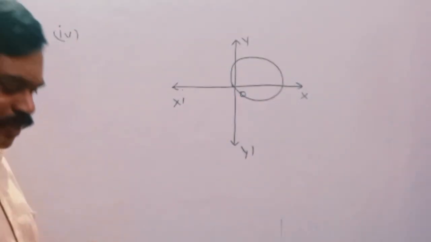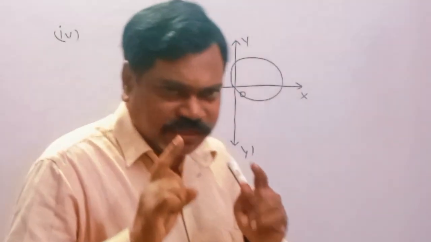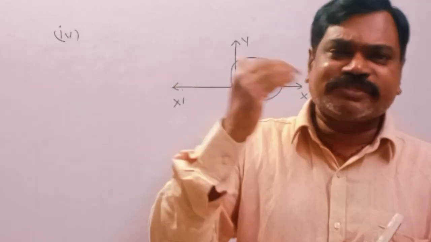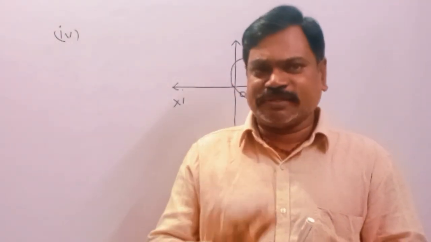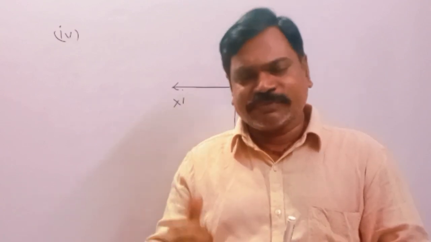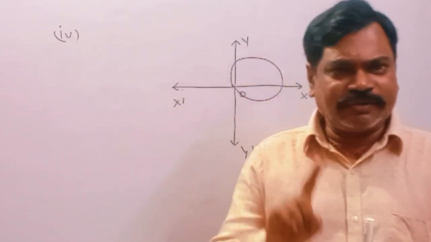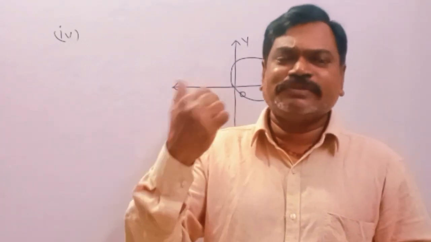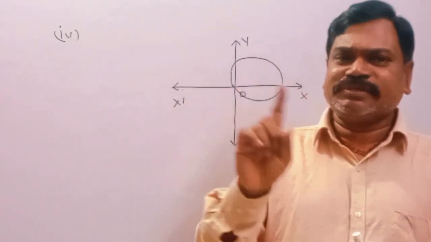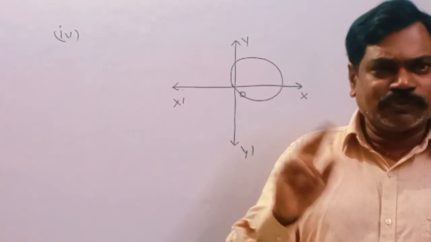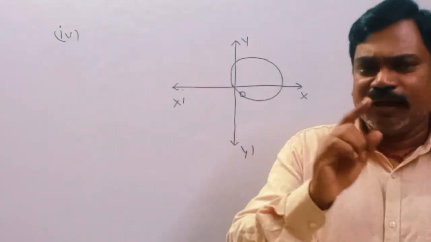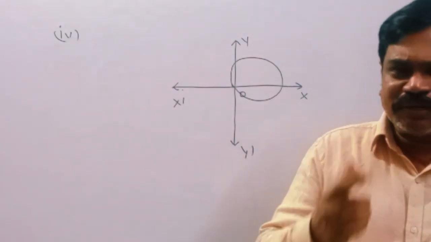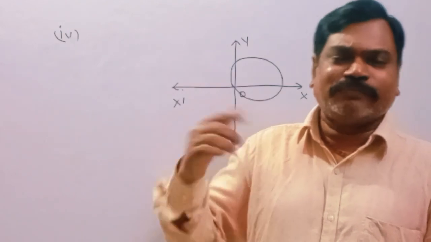First condition: the circle makes an intercept with the x axis and touches the x axis. Second case: the circle makes an intercept with the y axis and touches the y axis. Four cases completed. And the third one is the circle touches both the axes, x and y axis.